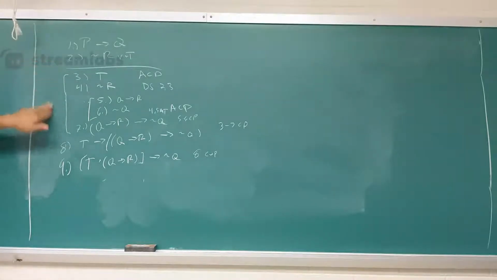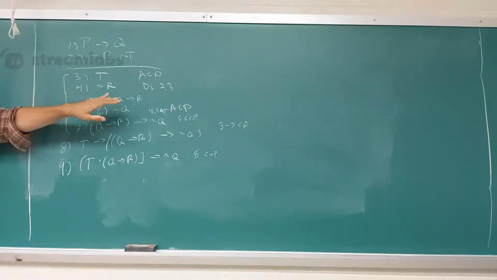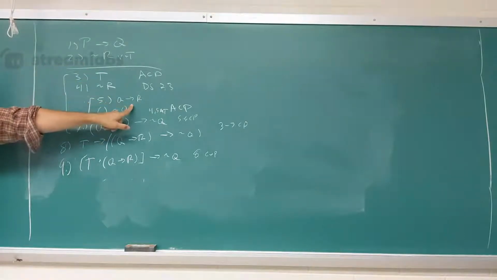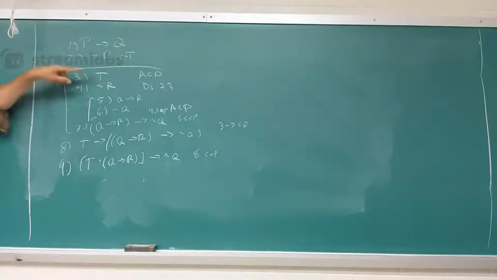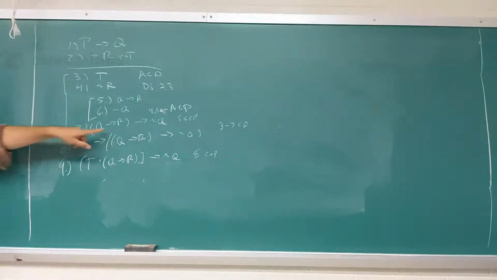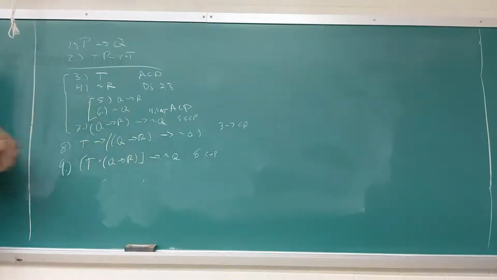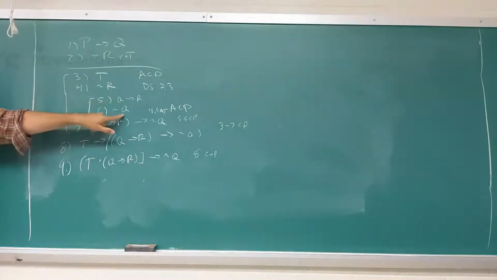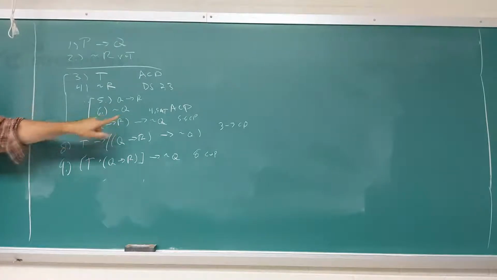What we did with the conditional proof was I basically say, grant me this assumption, T. Now, if I assume T, then I get this. But also grant me another assumption. If I now assume T and Q implies R, I will end up getting not Q, right?